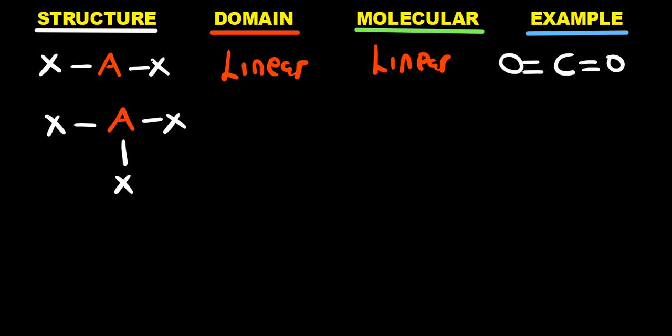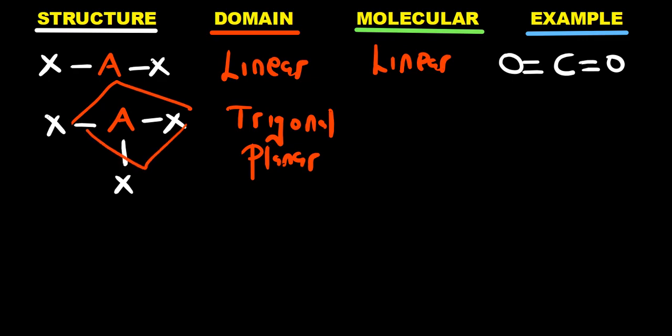So this one will be called the trigonal planar. You're able to see that it forms something like a triangle. That is the electron domain. So the shape itself is also trigonal planar.